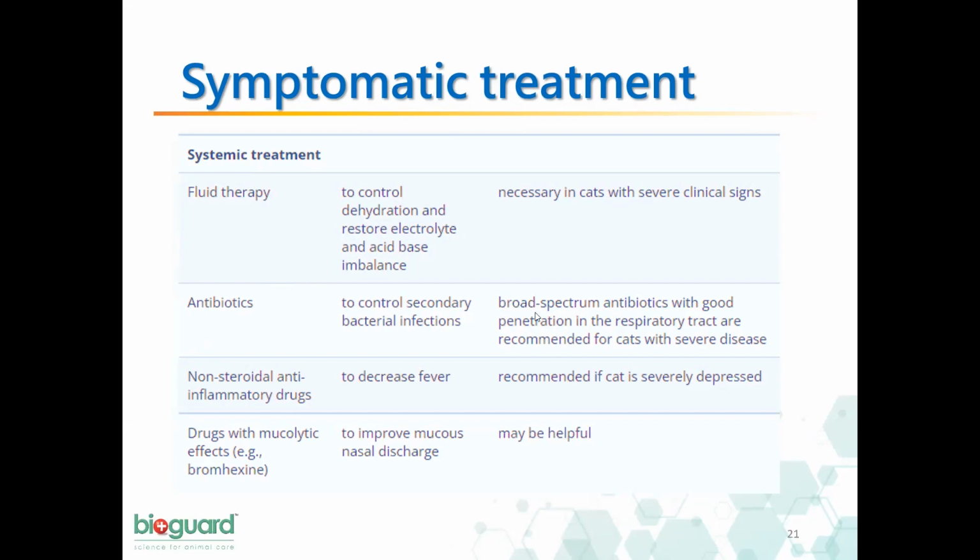These antibiotics can be broad spectrum or specific, depending on the clinical signs or the severity of the disease. Non-steroidal anti-inflammatory drugs can also be given to decrease the fever and other signs such as inflammation.